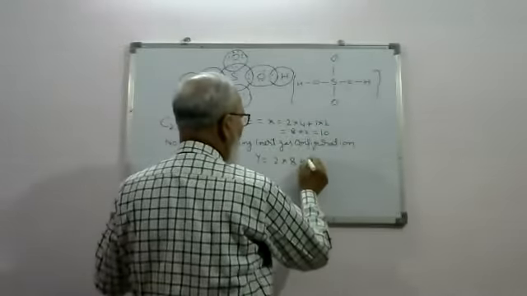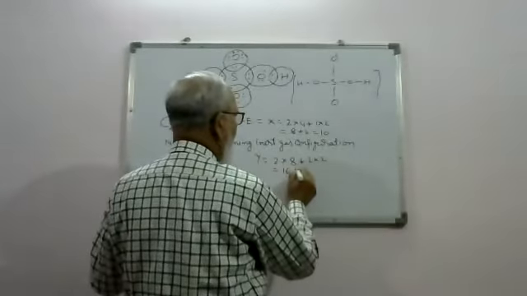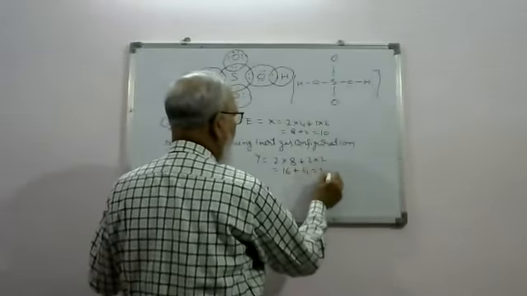Therefore, this will be equal to 2 into 2. This is equal to 16 plus 4, which is 20.